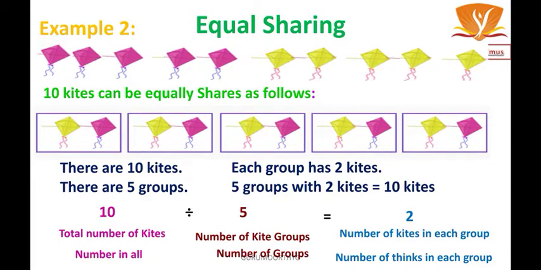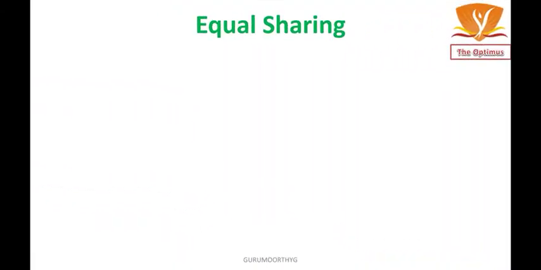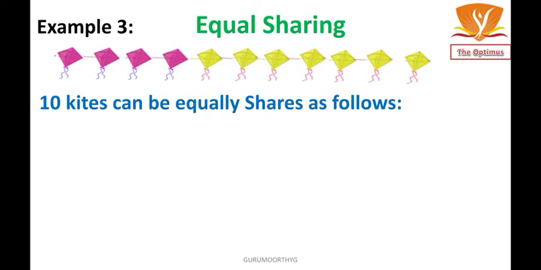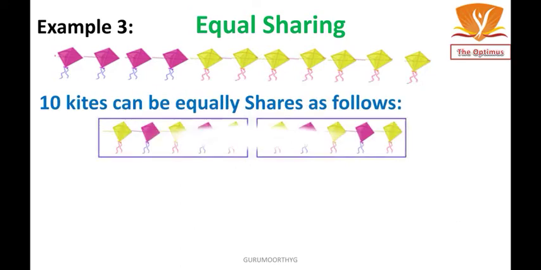One more example. Here there are 10 kites. 4 kites are pink color, 6 kites are green color. I am going to share equally. Here there are 10 kites. There are 2 groups.